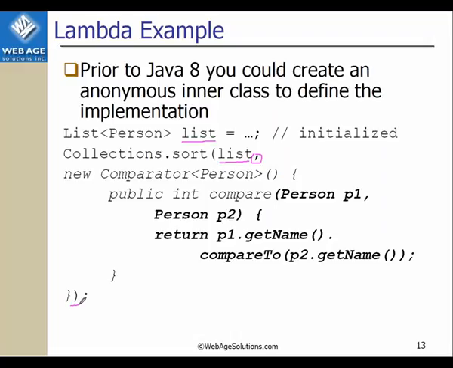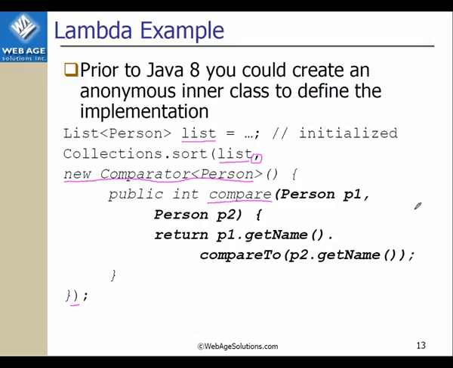What is it that we're passing in? We're passing in a new object, which is a new comparator implementation. It's going to compare Person objects, and we need to override that compare method. So public int compare, and then all the brackets. The brackets really get confusing. That's probably the worst thing about an anonymous inner class, all the brackets running around. So we need to provide something like that to define this implementation.